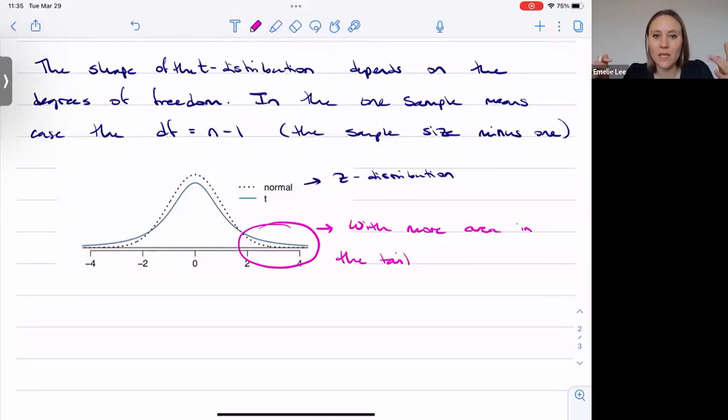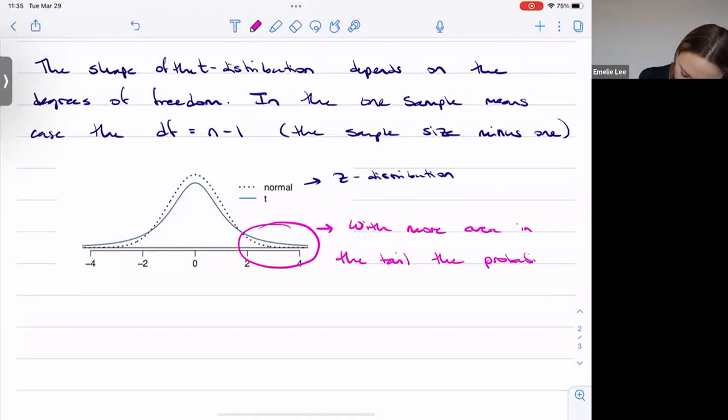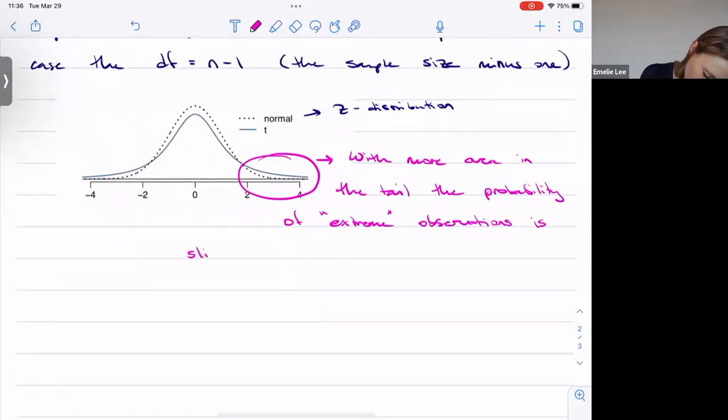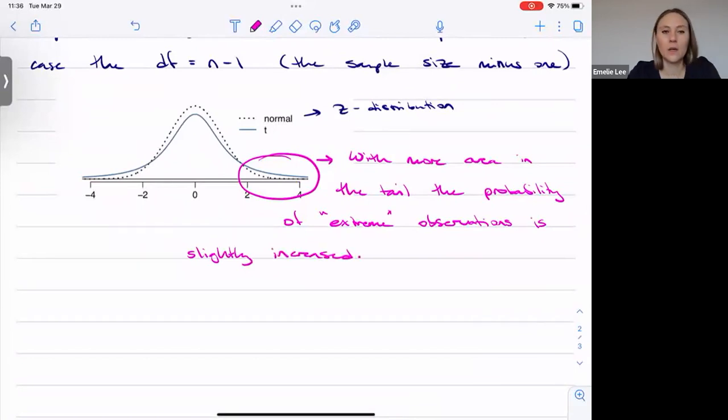So with more area in the tail, the probability of extreme observations is slightly increased. What happens is these degrees of freedom for the t are going to dictate how much area in the tail we have.